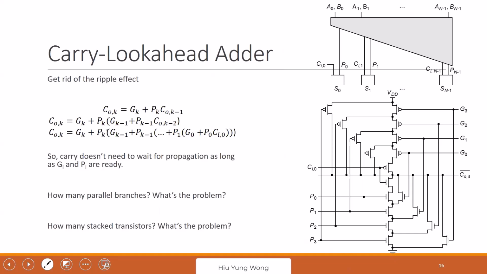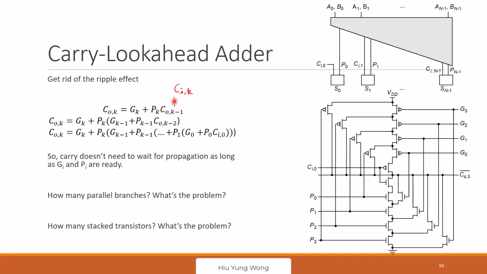Why do you want to wait for propagation? For example, the carry out of the kth bit equals the generate at the kth bit, plus the kth bit propagating the carry in of the kth bit. Remember that the carry in of the kth bit is just equal to the carry out of the k minus 1 bit. Is this okay?